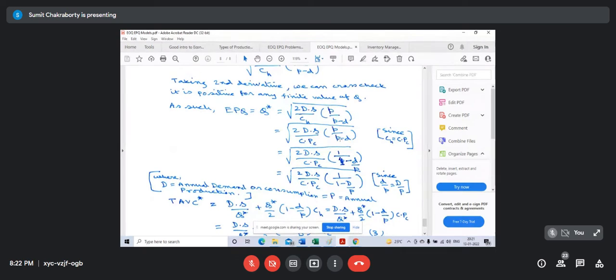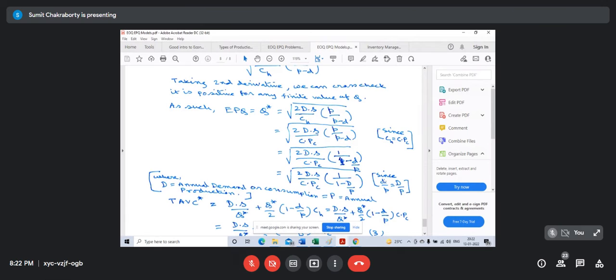Now you divide the denominator by P, you get 1 by 1 minus D by P here, and the other things like 2DS by CPC remain the same.